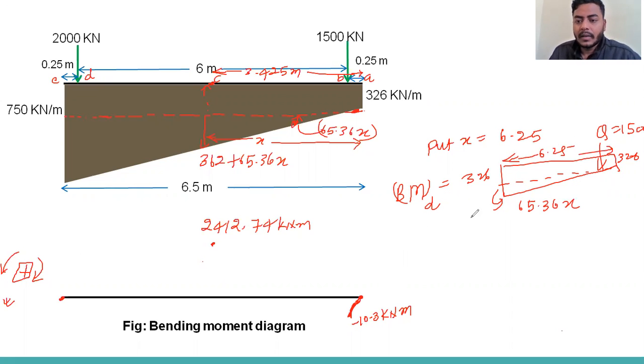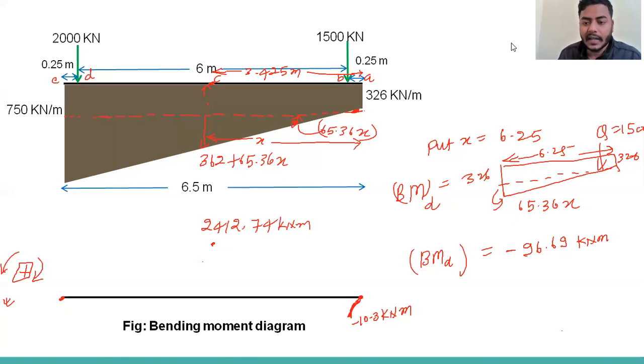So I put in the value x equal to 6.25, and we can get the bending moment at D. I have already calculated, so I'm writing, we get minus 96.69 kilonewton meter. So that we can write here, that is negative at this point D.